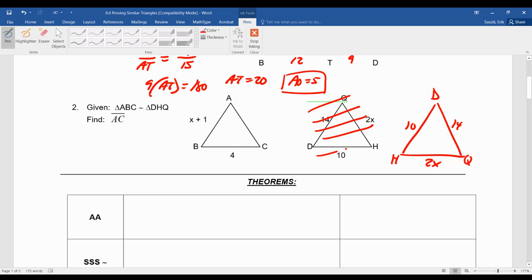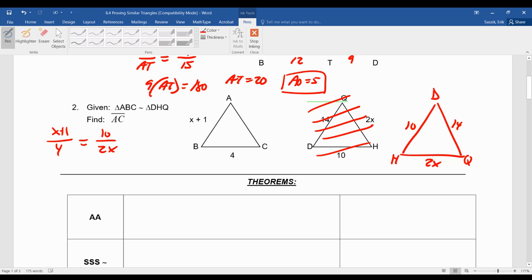I'm going to cross this out. Now these two things are drawn correctly. So clearly they match up. So x plus 1 is to 4. Left side is to base, as left side is to base. Sorry, I was just thinking there for a second.